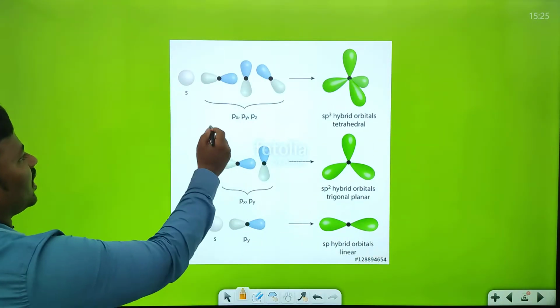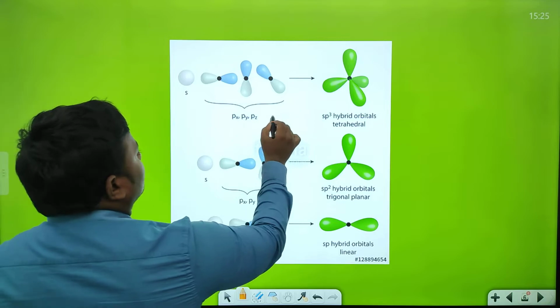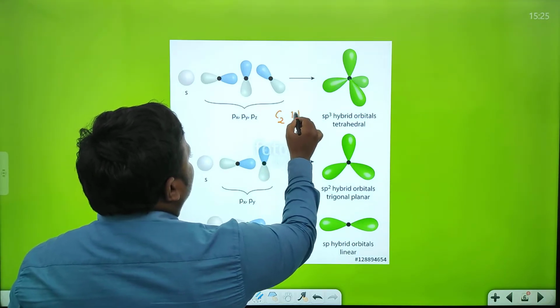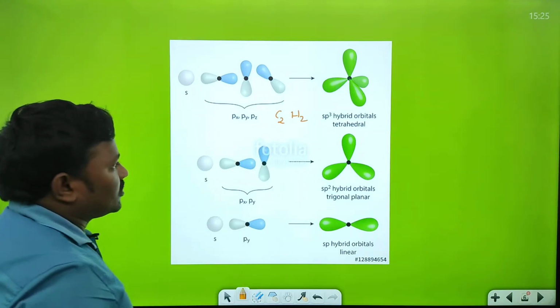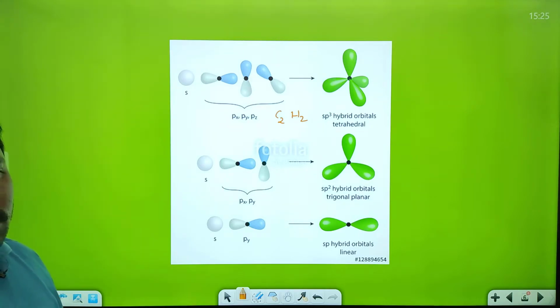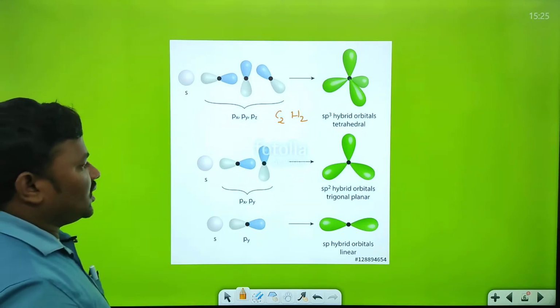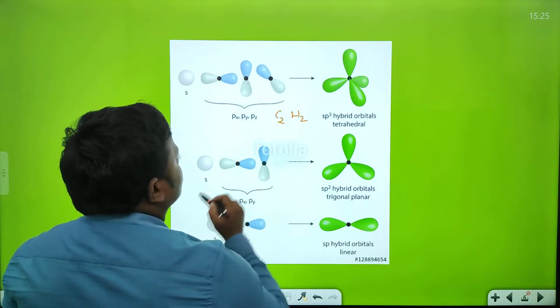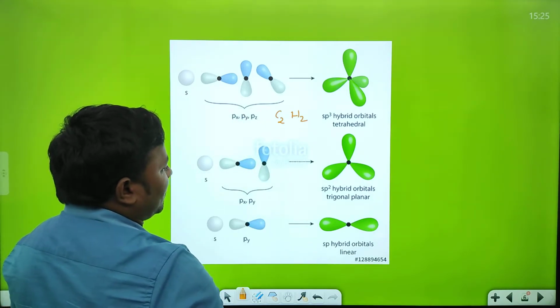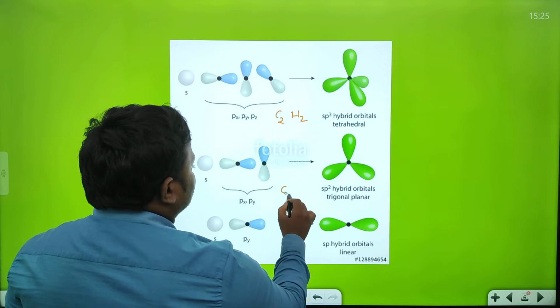For sp hybridization, C2H2 is the example.